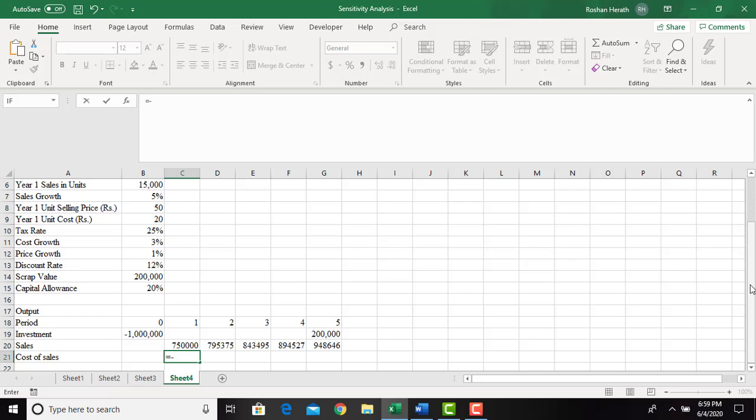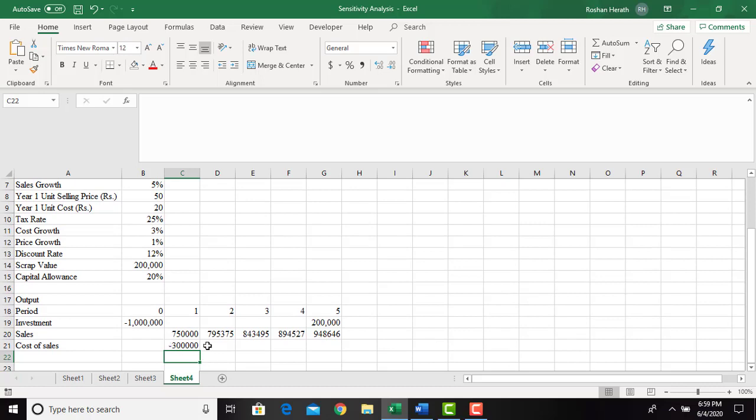So it's a -1, so take it with the minus figure. Units are there, multiplied by the cost information. Year 1 unit cost is 20. You may take that and make it constant. So you may get that.